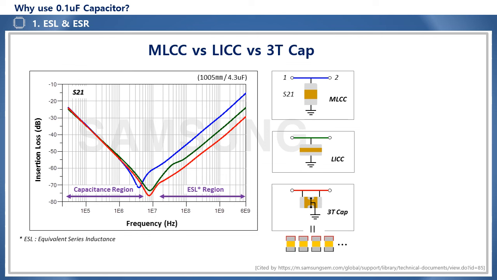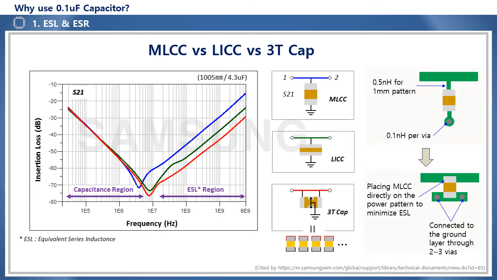And for noise countermeasures exceeding 1 GHz, it is difficult with general MLCCs, so a 3-terminal capacitor must be applied, and the pattern and via processing must be designed in detail. When designing the layout and PCB pattern of MLCCs for bypass, keep in mind that the inductance per millimeter of PCB pattern is generally about 0.5 nanohenry, and each via has an inductance value of 0.1 nanohenry.